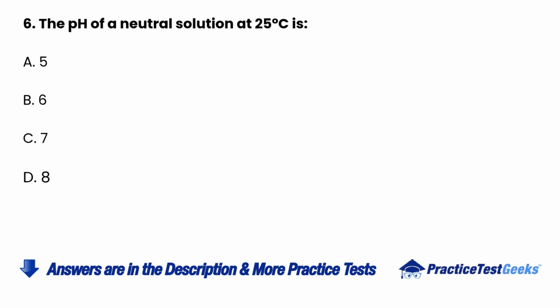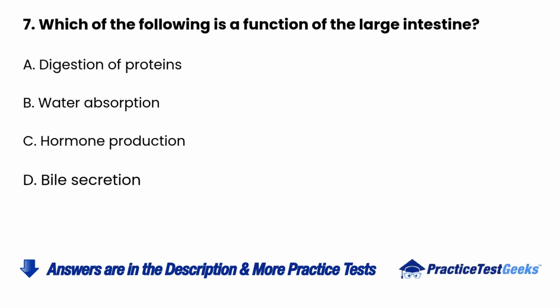B. 6. C. 7. D. 8. 7. Which of the following is a function of the large intestine? A. Digestion of proteins. B. Water absorption. C. Hormone production.